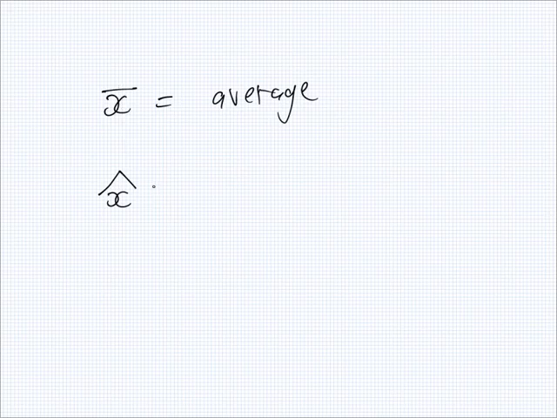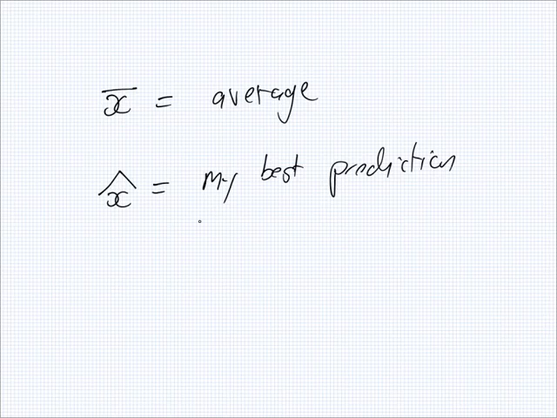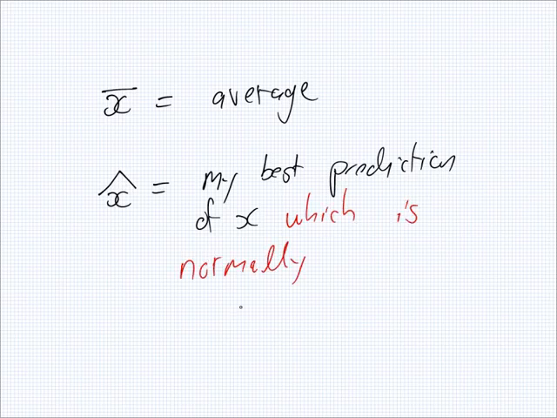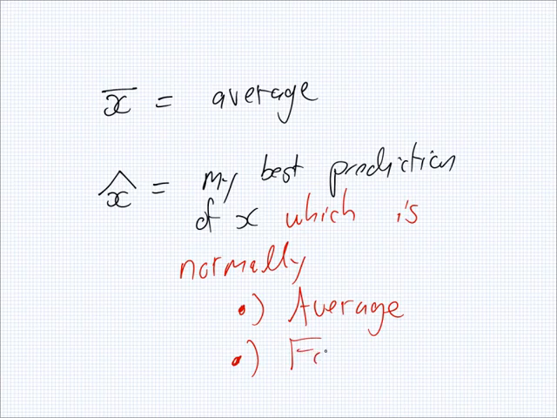This is called my best prediction of X, which is normally either A, the average, or B, a calculation from a formula.